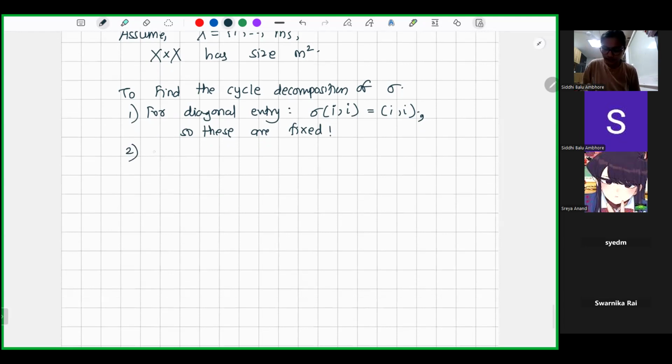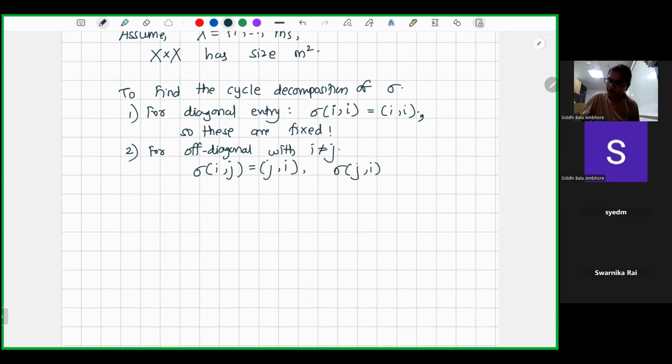Okay. And for the second case, the non-diagonal or off-diagonal entries with i not equal to j, this sigma of (i,j) will be (j,i), right? And sigma of (j,i) will be (i,j).